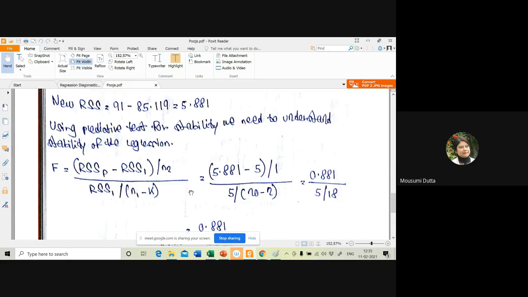No, you inserted a single observation here. The second observation is a single observation, a single value of X and Y. Isn't it? Yes, ma'am. So it is better to use Chow test 2. So we can use the predictive test of stability here.